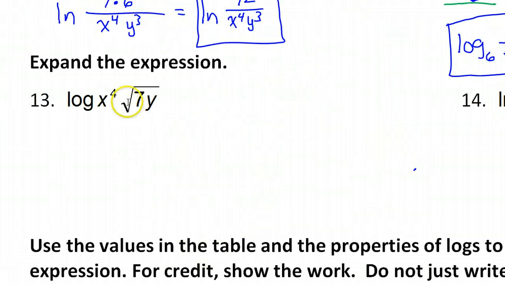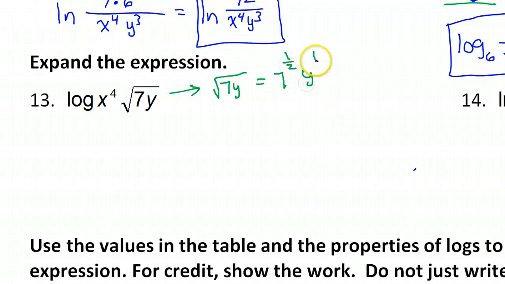Alright, number 13. First of all, when we're expanding, we need to deal with this square root business. So please understand, and I'm just going to do this off to the side in green like you do. If I have the square root of 7y, that's the same thing as 7 to the 1/2 power y to the 1/2 power.